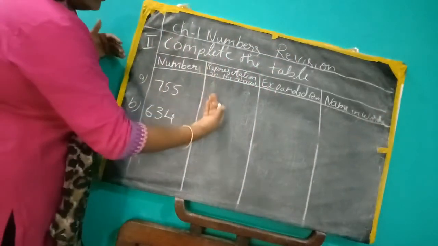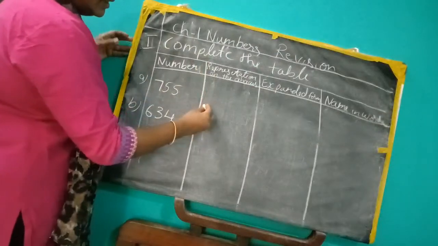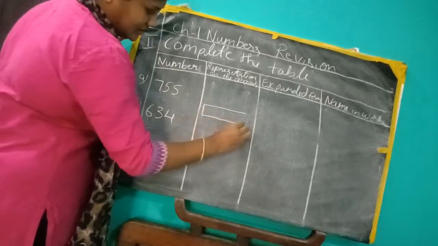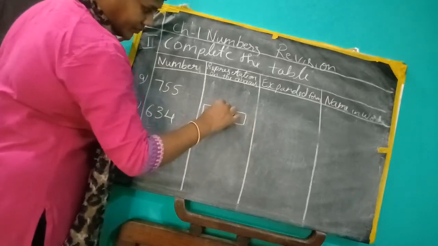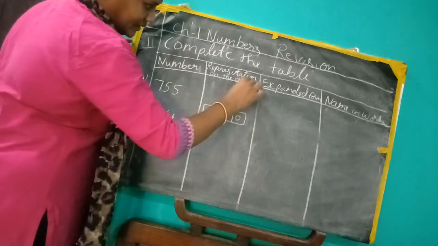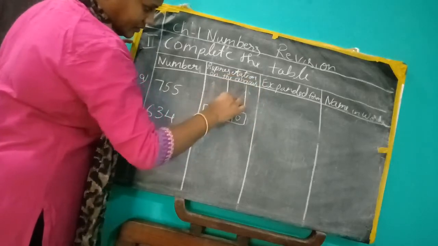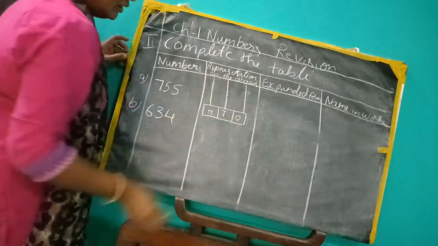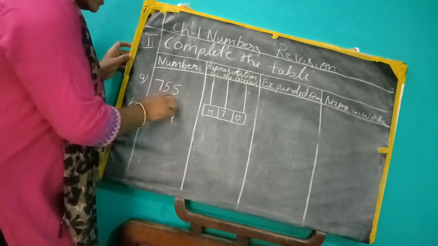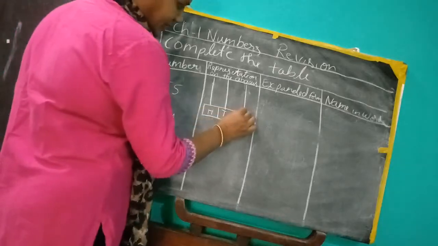You should represent it on the abacus. What will you do? You should draw the abacus. See, ones, tens, hundreds. You should draw the rods also. Again, you should draw the beads. See, in the ones place, how many beads are there? 5. That 5 you should write here.